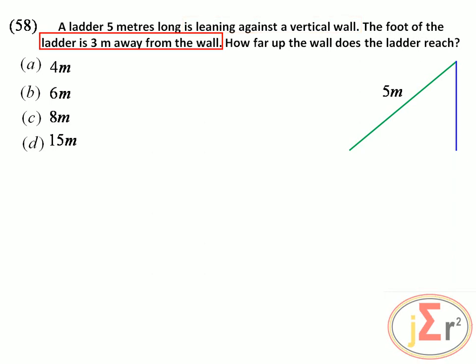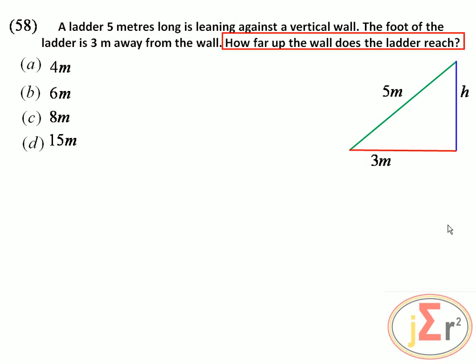Anything else? The foot of the ladder is 3 meters away from the wall. So we have the 3 meters. And H is the height, or how far up the wall does the ladder reach. We need to determine this height.